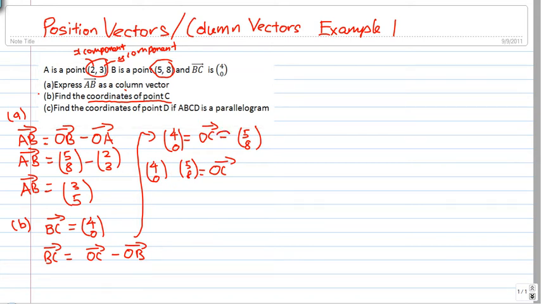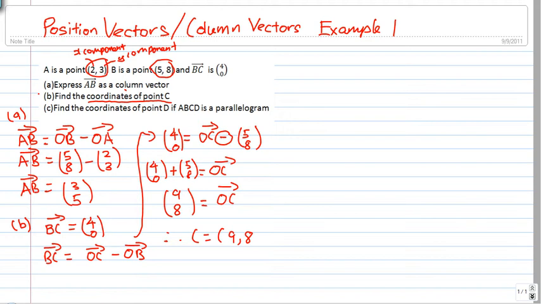Because of my negative sign here, if I shift (5, 8) over, it becomes positive. 4 plus 5 is 9, 0 plus 8 is 8, and there you go, OC is (9, 8). Therefore, C is (9, 8). So this is how simple it is. That's your answer to B.